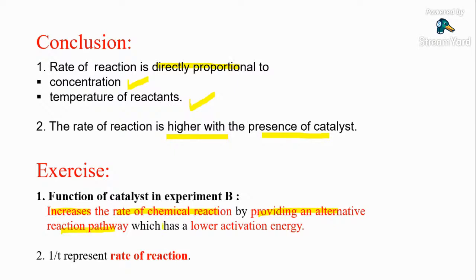Why will this alternative reaction pathway increase the rate of reaction? Because it has a lower activation energy. You can add, and itself without being consumed. So always remember, the function of catalyst is to increase the rate of chemical reaction by providing an alternative reaction pathway which has a lower activation energy, but itself is not consumed.